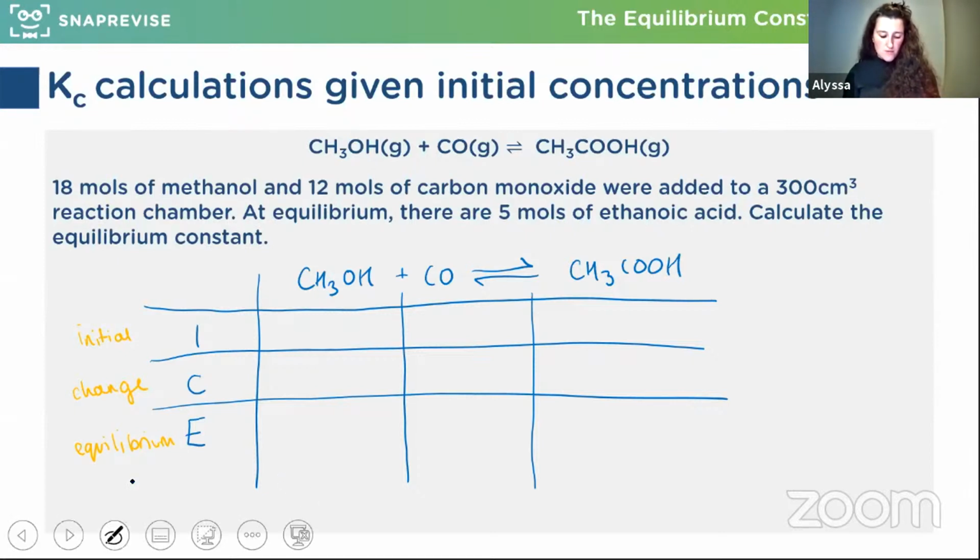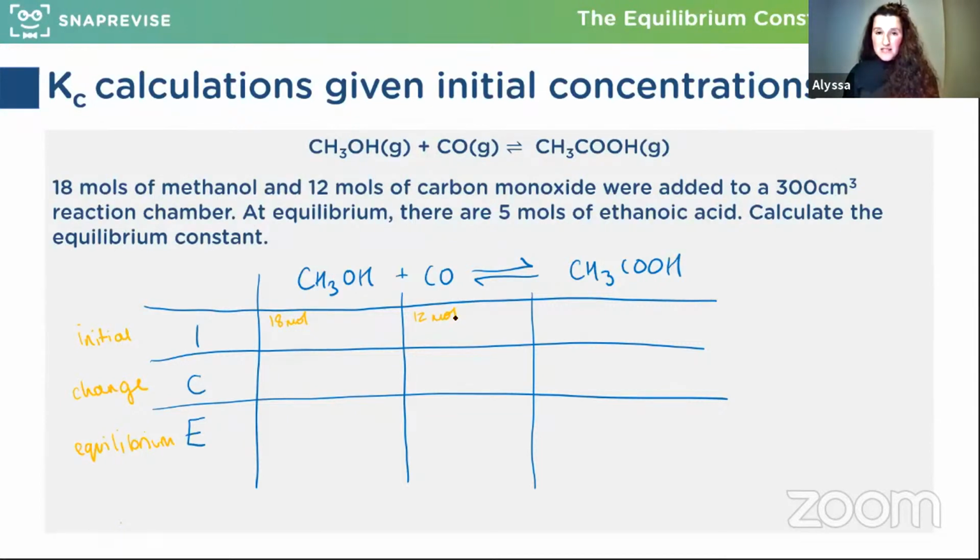So let's write in, I'm going to stay in yellow actually, what we're given in the question. In the question, we've been told 18 moles of methanol and 12 moles of carbon monoxide are added to a 300 centimeter cubed reaction chamber.